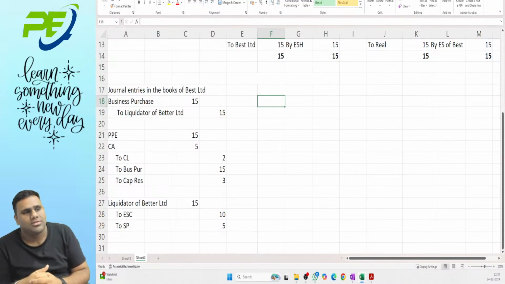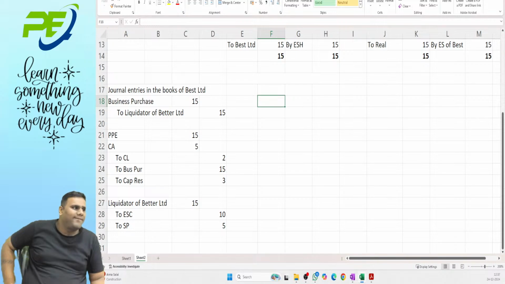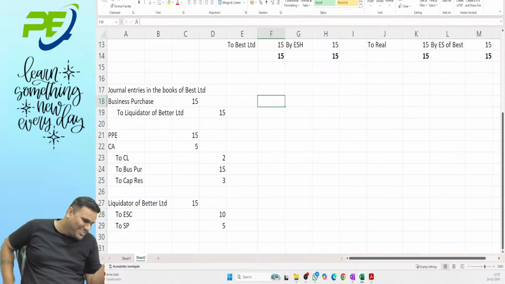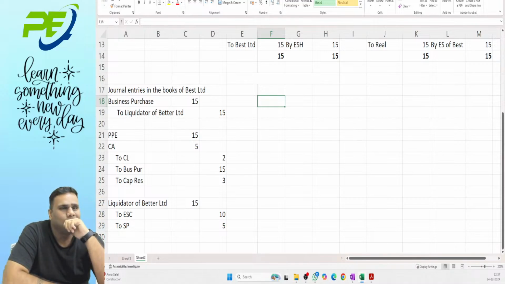Think a little. Current liability to current asset.